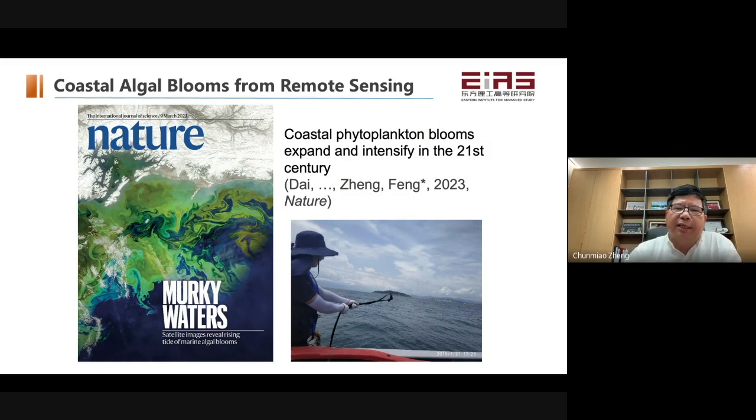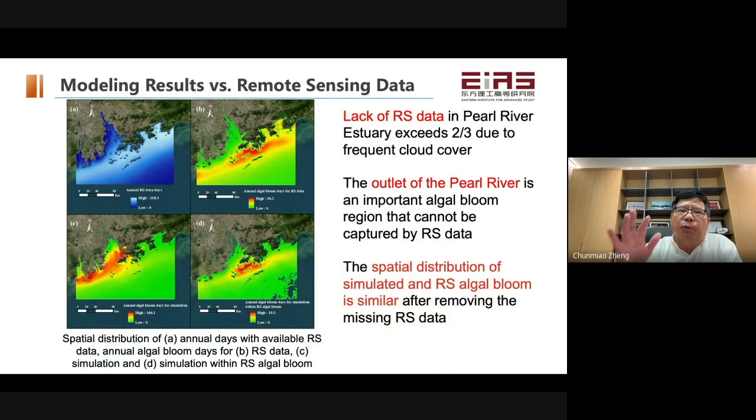So we use this approach and get a lot of data. Remote sensing provides a very cost-effective, quick, efficient way to get a lot of data like algae bloom and water quality, and then we compare this with our hydrological model, because the hydrological model is process-based.